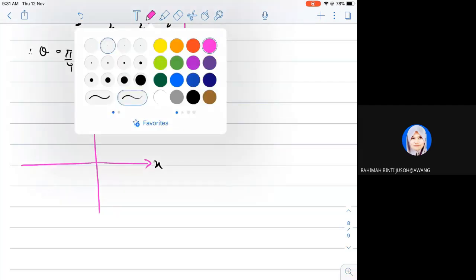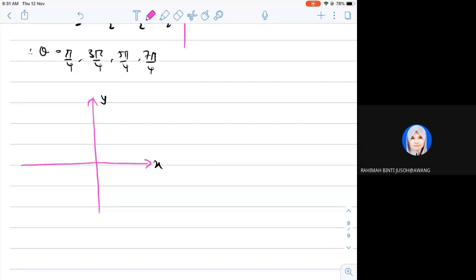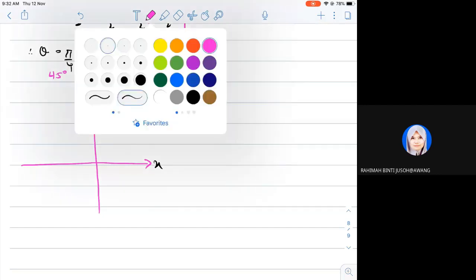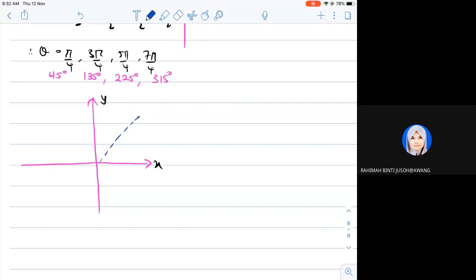Pi over 4 in degrees is 45 degrees. 3 pi over 4 is 135. 5 pi over 4 is 225 degrees. 7 pi over 4 is 315 degrees. So the position should be here for pi over 4, and 3 pi over 4 in the second quadrant, then theta equals 5 pi over 4, and here theta equals 7 pi over 4.